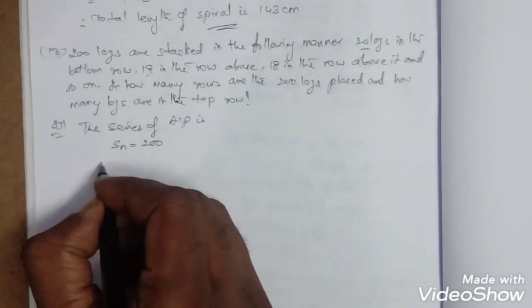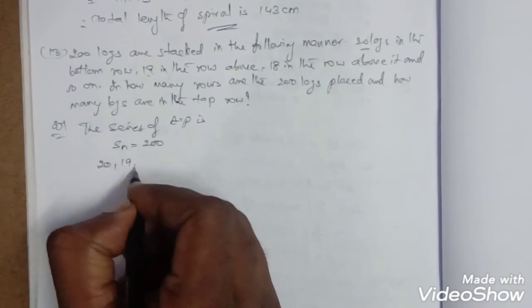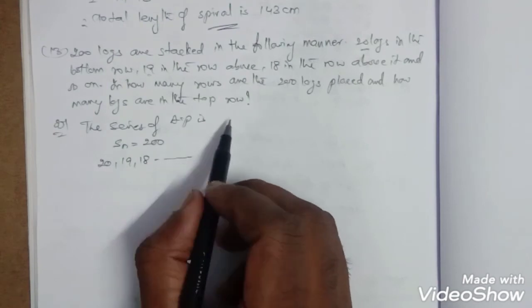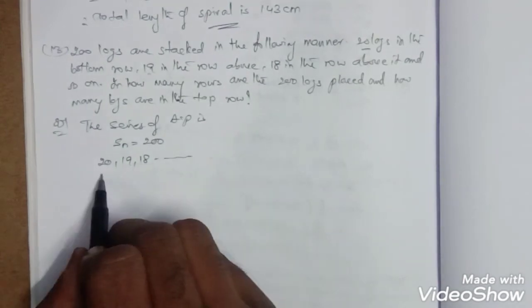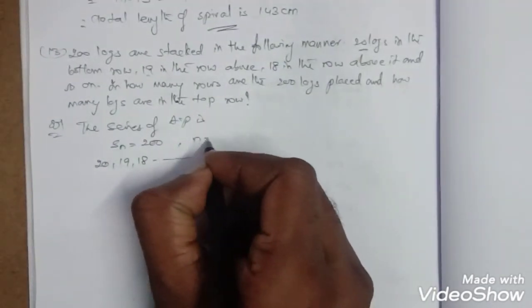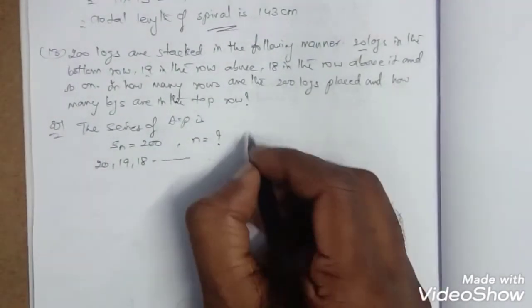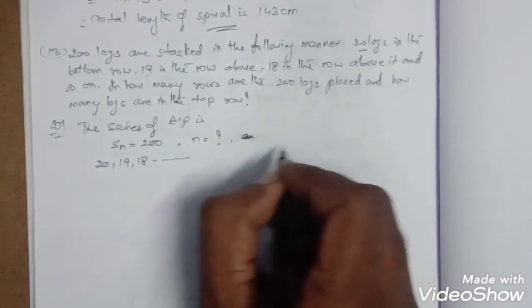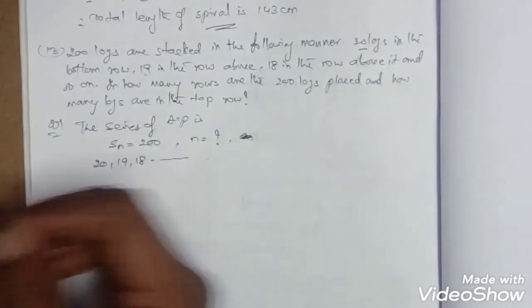So we can start with 20, next 19, next 18, and so on. We don't know the number of logs in the last row, and we have to find how many rows there are. So we have to find the total number, that is n, and also we have to find the last term.